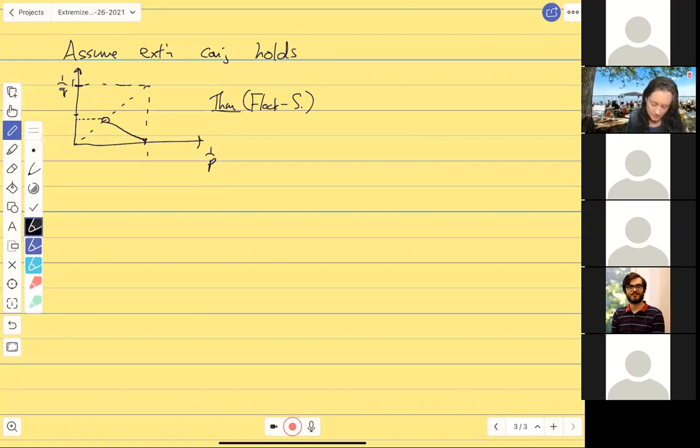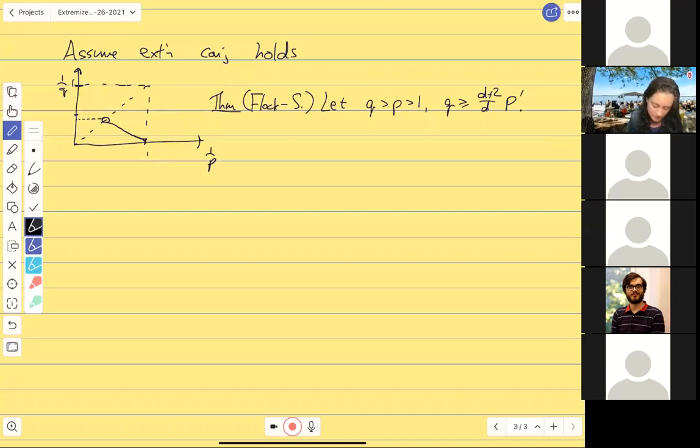So our theorem: let Q greater than P greater than 1, with Q greater than or equal to (d+2)/d times P prime.